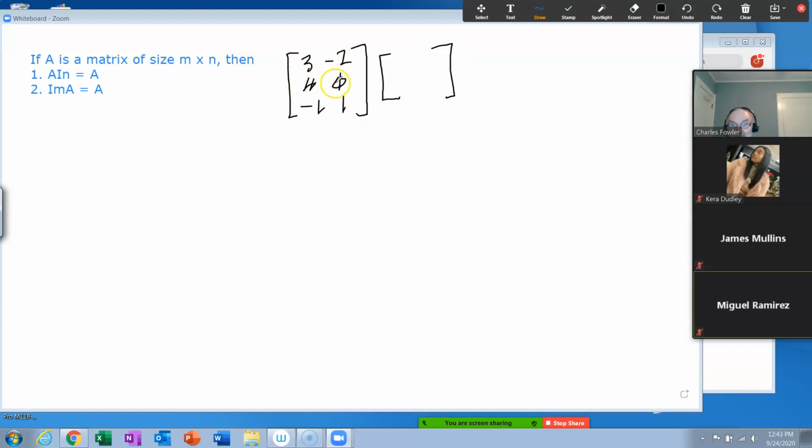This is a 3 by 2, so this has to be a 2 by 2. No option there, it has to be a 2 by 2. 3 by 2 by 2 by 2, that certainly is going to give us a 3 by 2.